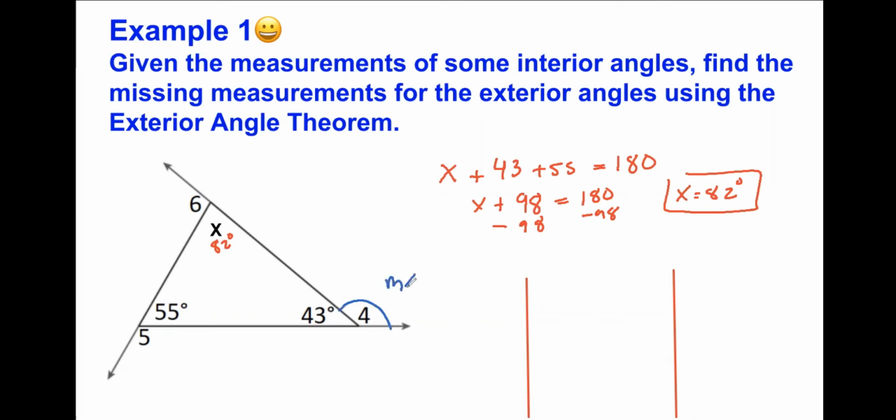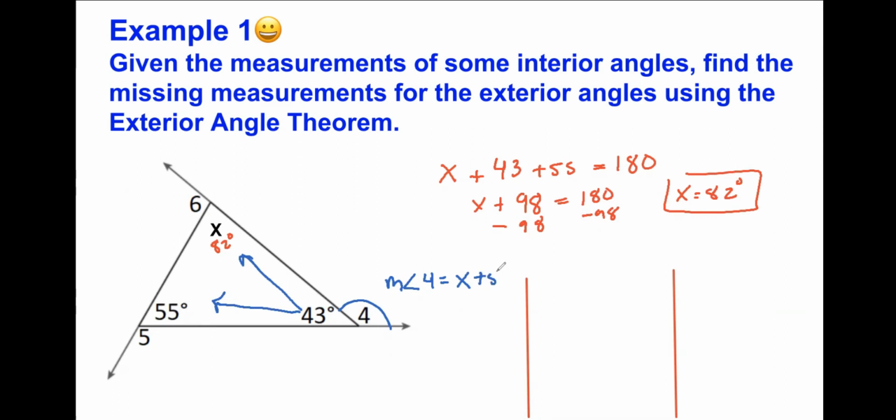So measurement of angle 4, we said, is the sum of its remote interior angles. Remote means that it's the other two that are not directly adjacent, meaning they're not sharing that side or that vertex, directly inside of our triangle. So here we have X as our first remote interior angle, and this angle here, measurement of 55.